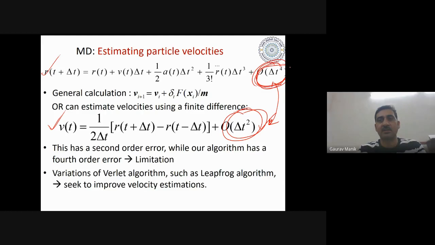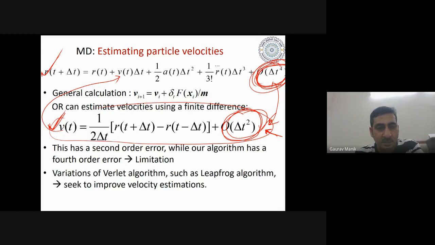So your errors over here are much smaller than your errors over here, which means it's like a ship wherein people were sweetly sitting, and an elephant came into it, and then all the people drowned. So this v(t) equation will drown the equation of position also, because ultimately this v(t) is going to be used over here. So despite all the efforts you made in calculating the positions using order delta t to the 4, you are suffering because you have a velocity calculation which is of the order of delta t squared.